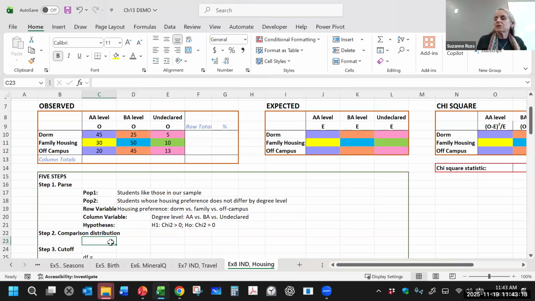I'd like everyone to figure out degrees of freedom and put it in the chat. You should have the formula written down from your notes, so put it in the chat. I'm going to watch the chat now.